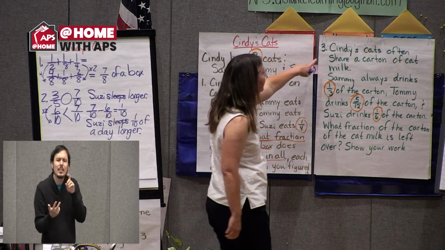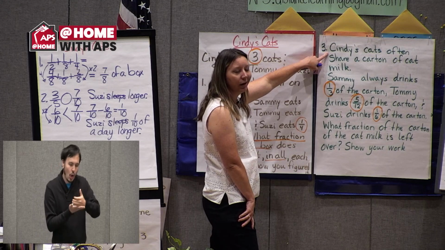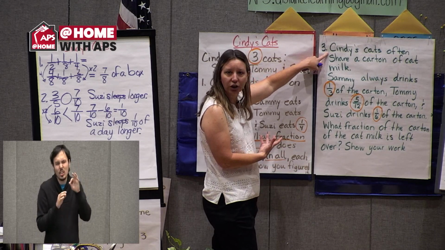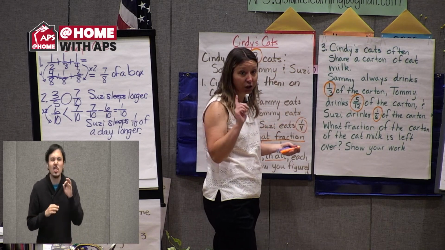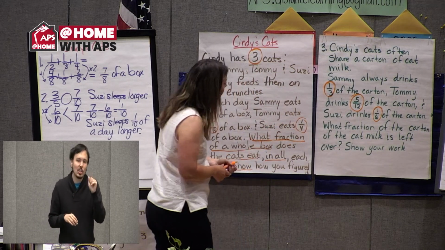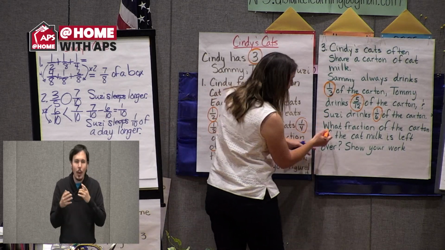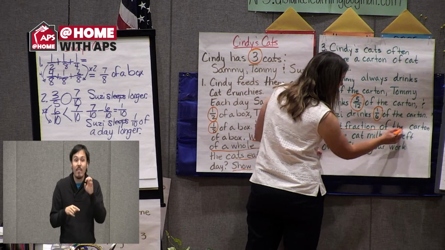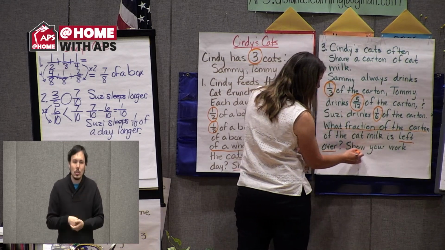Cindy's cats often share a carton of cat milk. No, that's just extra information that we really don't need, except for their sharing. Sharing is a key word for us. So let's go ahead and underline what the question is. What fraction of a carton is left over? And then show your work.